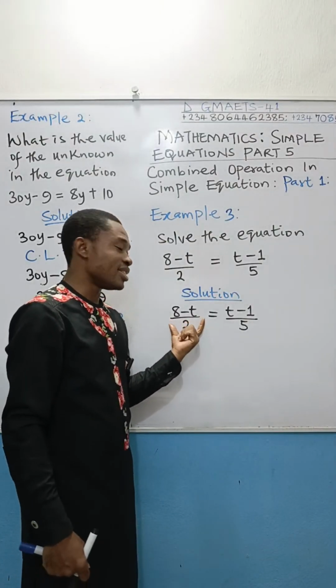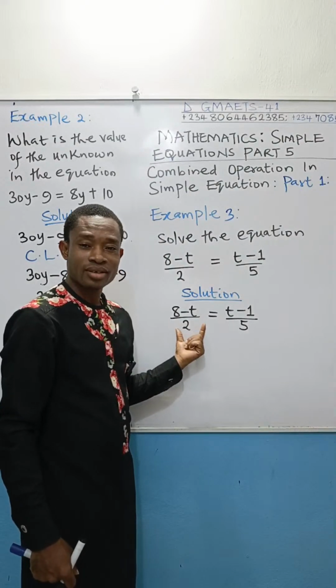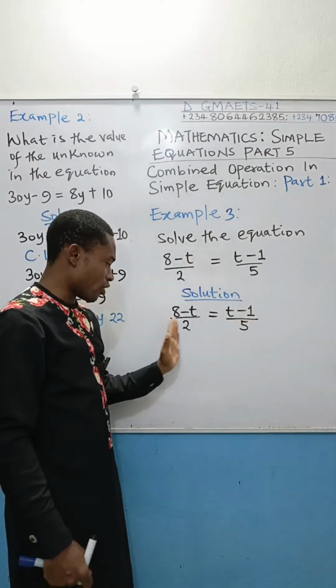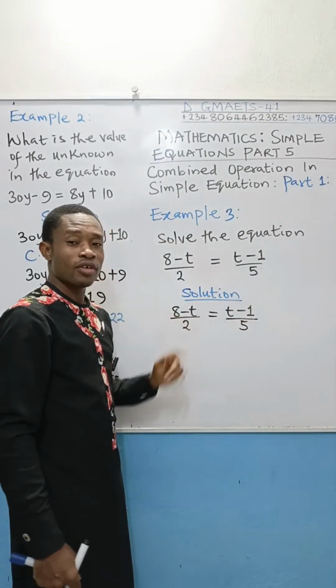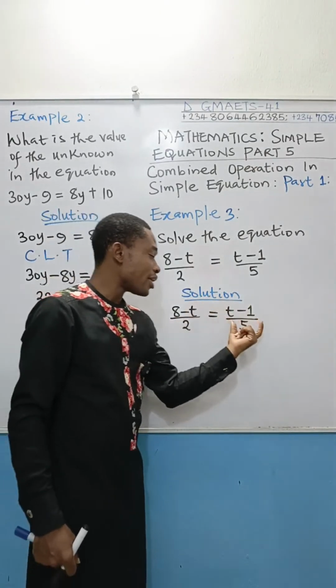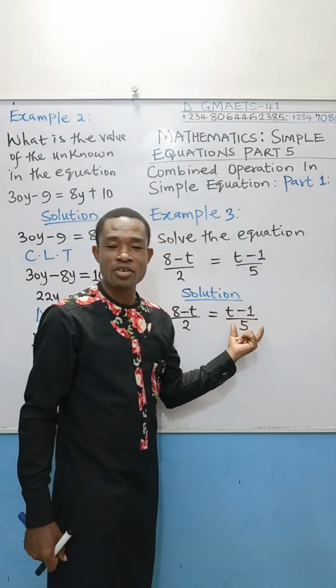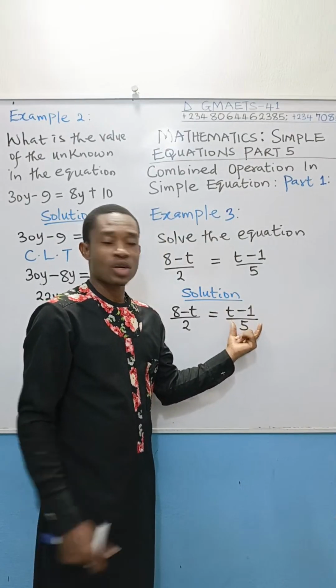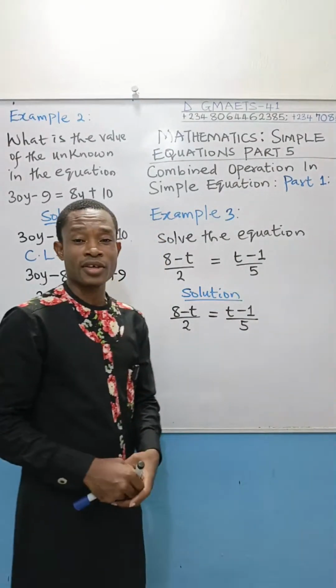Why do we say that this is a single fraction? Because it has only one division sign all over. On the right-hand side, we also have a single fraction, because we have only one division sign, as you are seeing here.